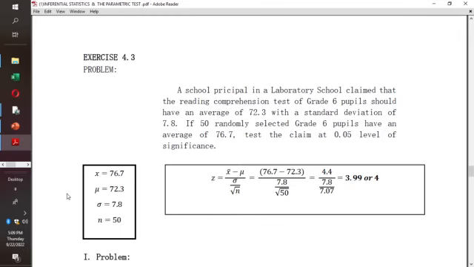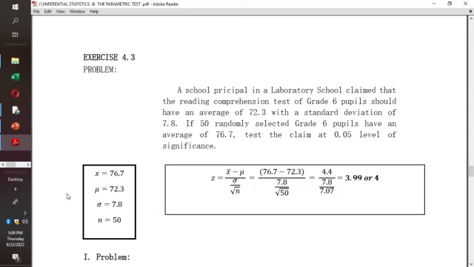x-bar is equal to 76.7, hypothesized mean is equal to 72.3, standard deviation is equal to 7.8, sample size is equal to 50.